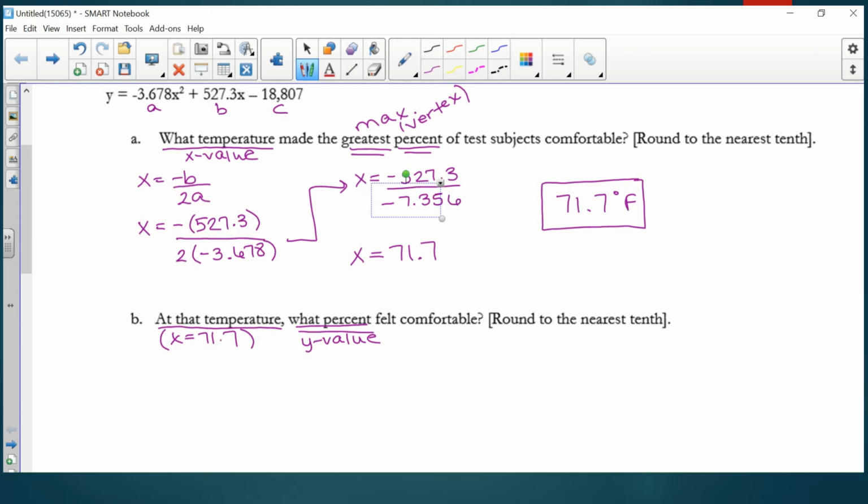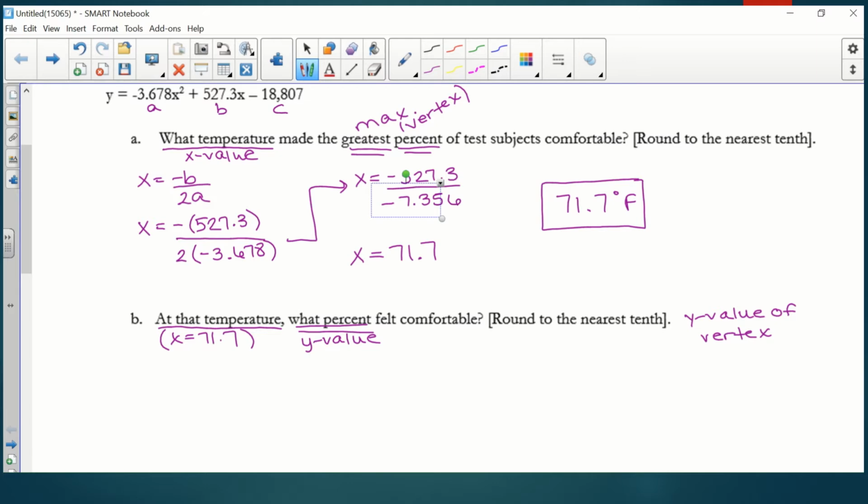So now, instead of finding the x value of the vertex, we're going to use the x value to find the y value of the vertex. Just to make a note to myself, y value of vertex. Since I have my x, I can just plug that in and solve for y. I know you can always use your calculator here as well, but we are just trying to get some answers algebraically to learn how to plug in the numbers and find them by hand.